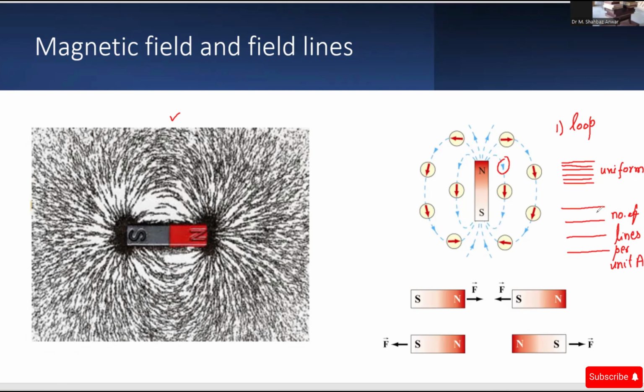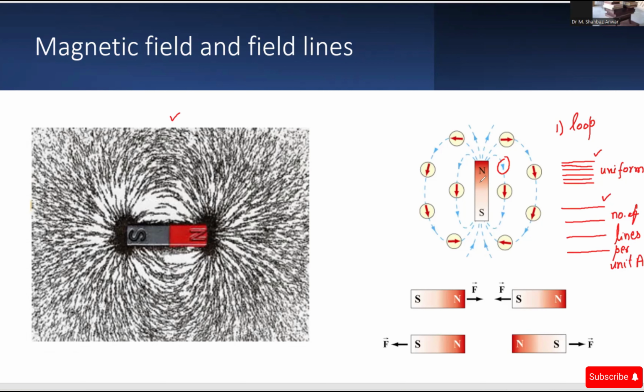So in the second picture, the strength of the magnetic field is lower compared to the first one. But if we look at both of these pictures, the magnetic field is uniform.